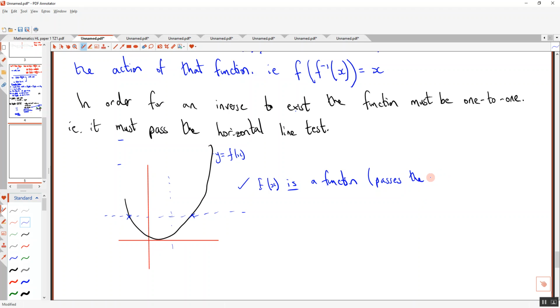f of x is a function because it passes the, what did we say, vertical line test? You all remember that, yeah? But it doesn't have an inverse, because it fails the horizontal line test.